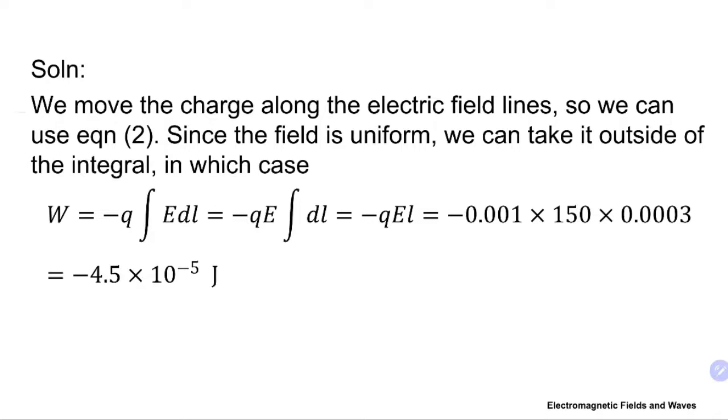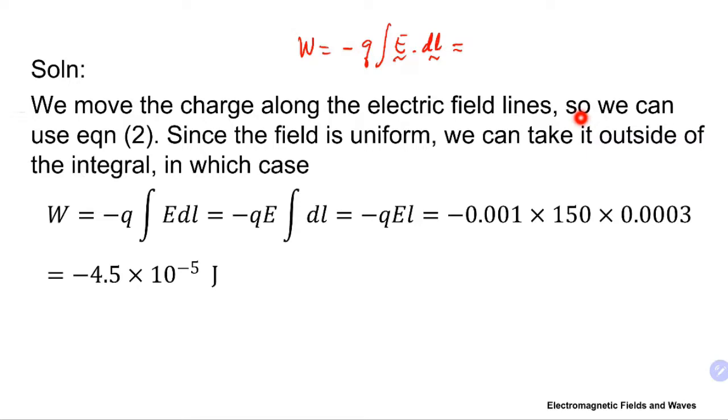Okay, so we move the charge along the electric field lines, so we can use equation 2. Instead of using W equals minus Q integral of vector E dot the displacement dl, because we go along the electric field, this dot product is simply equal to the multiplication of the two magnitudes, so we don't have to resolve.